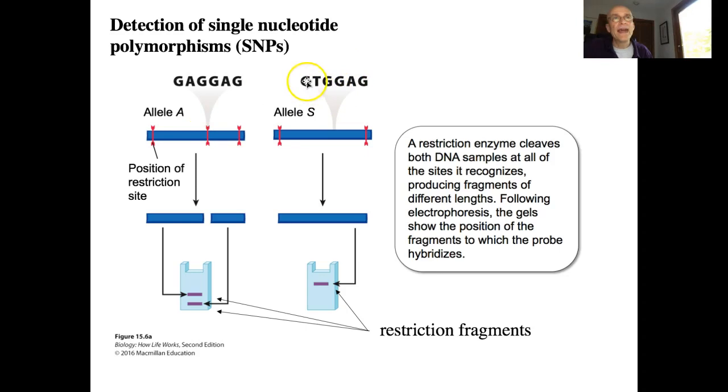So that is a polymorphism because it looks different between the A allele and the S allele. And the reason for why it looks different is because there's an A here and there's a T here, right? So when we have our orange and our white tigers, that's easy to see by eye. This is not so easy to see by eye, but it's the same idea. There are multiple ways how this particular trait can appear. So it can either appear as an A or it can appear as a T.